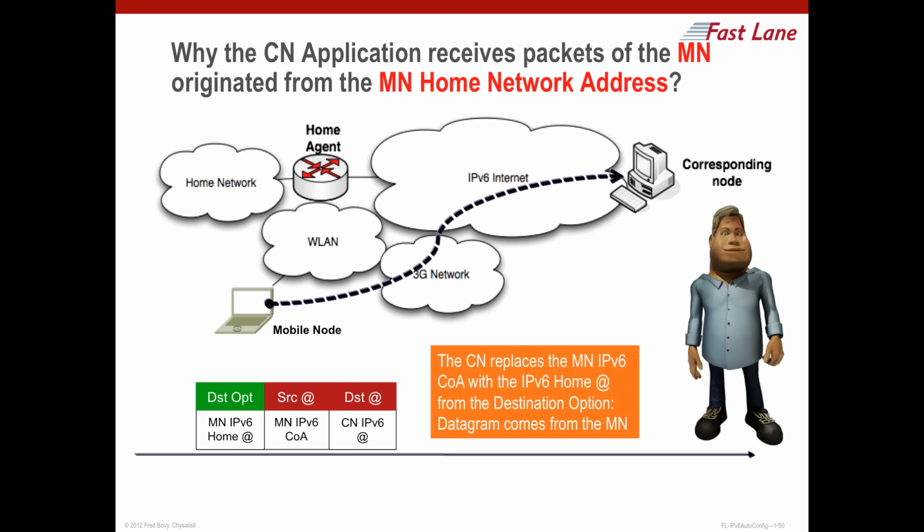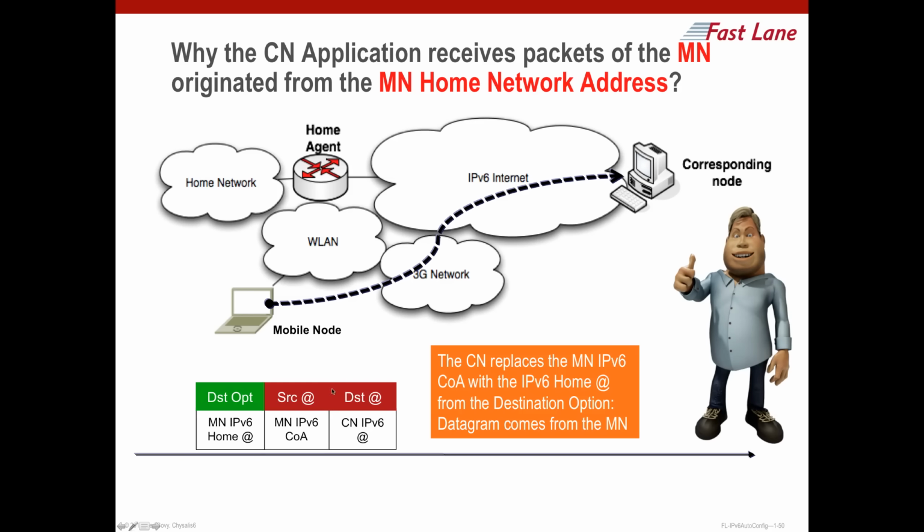So now, how? Because we don't have the home agent anymore to keep the illusion that the mobile node is still on the home network and has not moved. So how do we keep the illusion? This is thanks to the extension headers, and this is why it is only possible with IPv6 and not with IPv4.